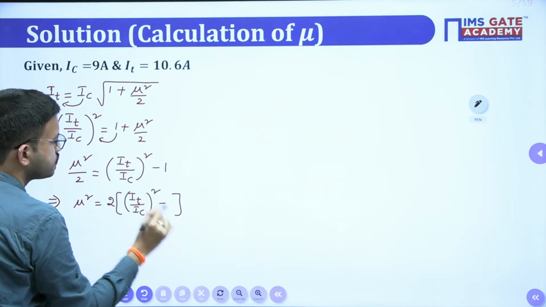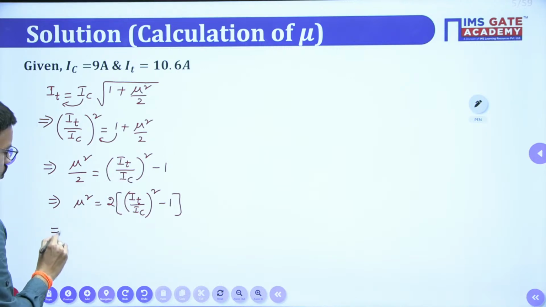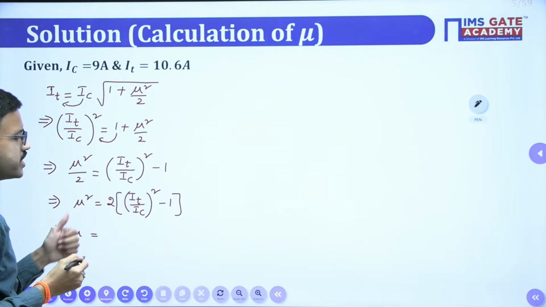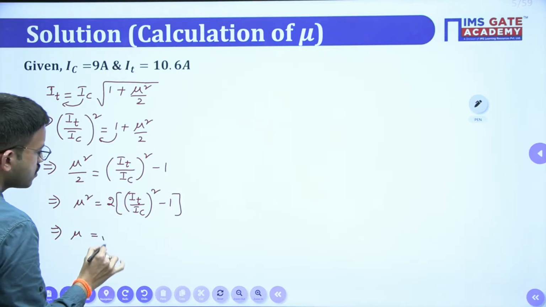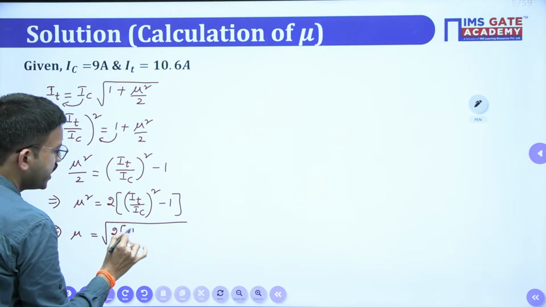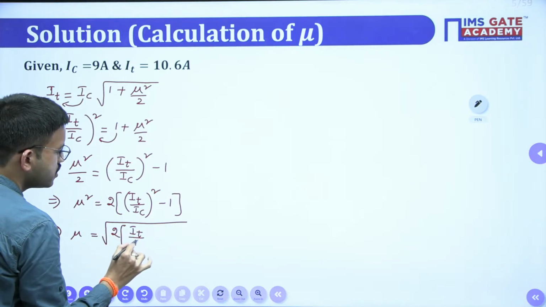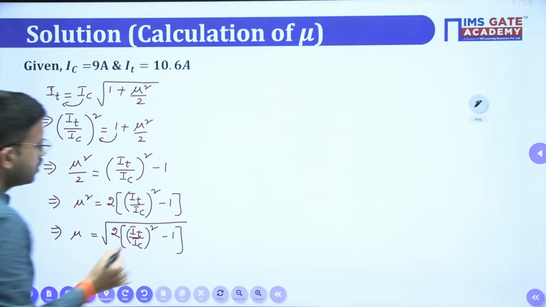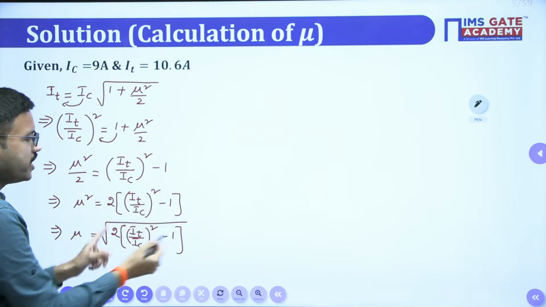minus 1. We want only mu, so just bring the square term to the right hand side, it will become under root. Then you will get mu equal to square root of 2 into IT by IC whole square minus 1. This 2 you have to multiply with the overall term.